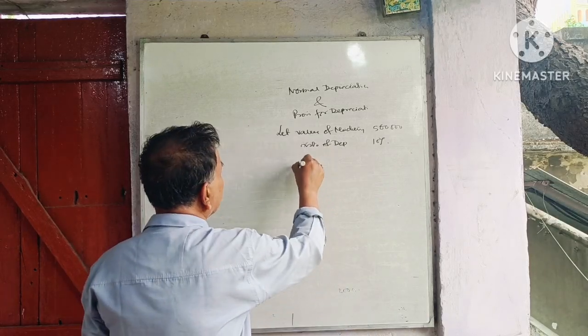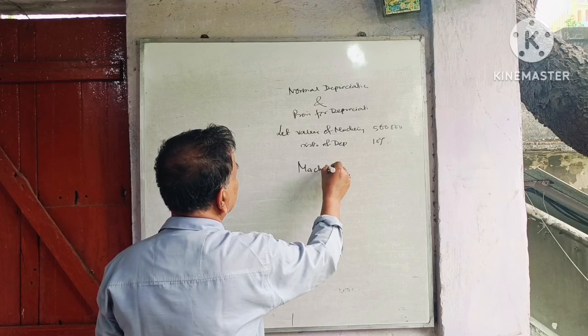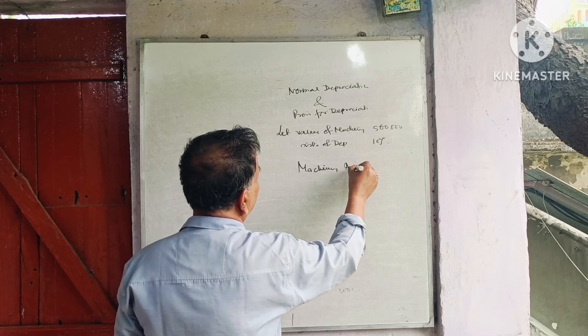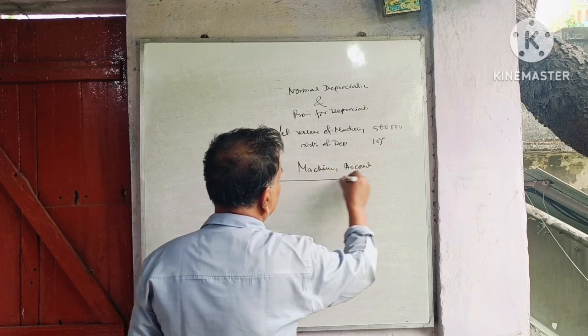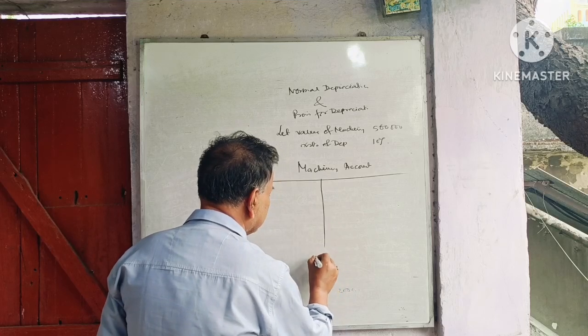So at first, draw the machinery account and depreciation account.